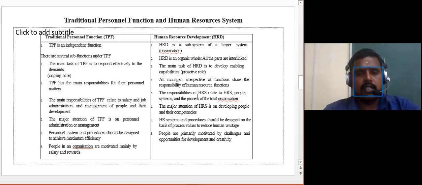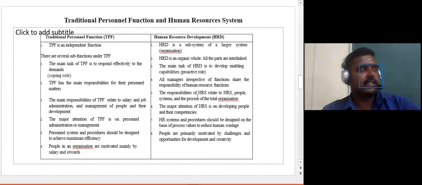But here the major attention of the human resource system is on developing people and their competencies at all levels, particularly the key competencies, the functional areas, and all the key areas of a management system.